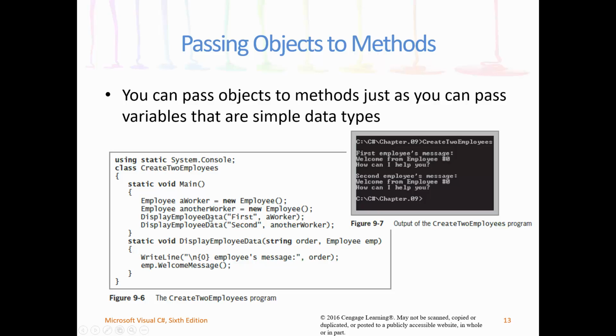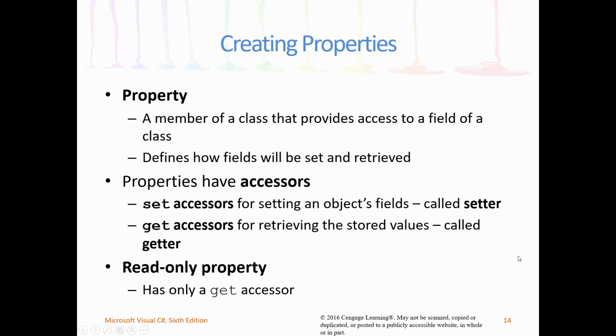Then we're calling this display employee data. All right? And we're passing it first, which is some kind of order, and then we're passing it the name of the actual object itself. So when you look at this, it comes in here and it says first employee's message, and that first is right there, that's this. And then it says second employee's message. That second is this. So the bottom line is you can go in and you can pass.